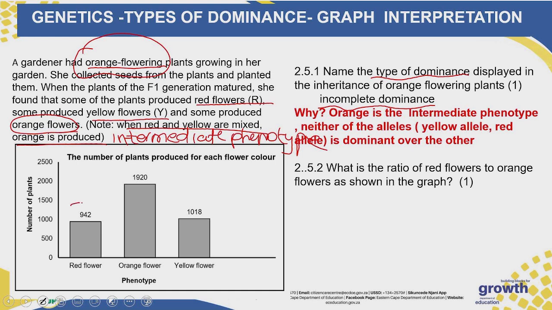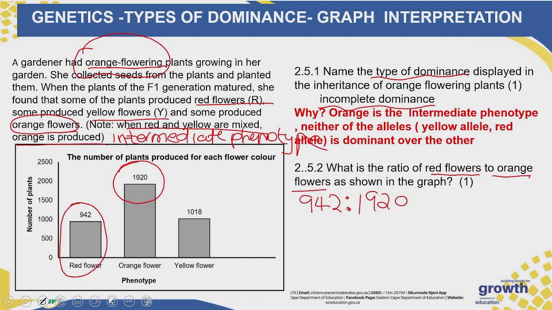So we come to the numbers. Red flowers was 942, so it's red flowers to orange flowers. What was the number for the orange flowers? It was 1,920. So it's 942 to 1,920. If you've got your calculator, you cannot leave this ratio as it is.